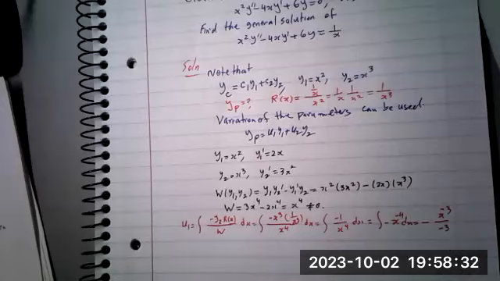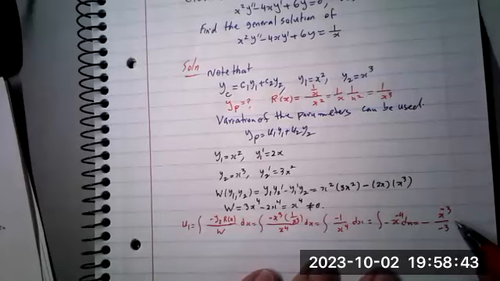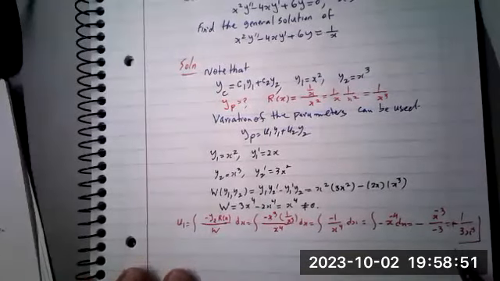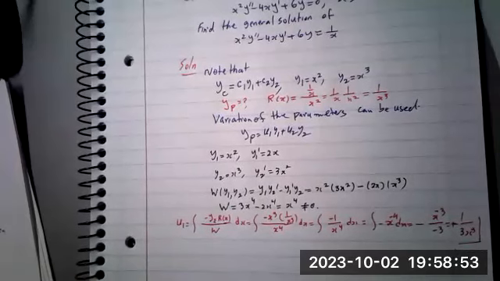Okay, that's fine. So it's going to be positive 1 over 3x cubed. So this is going to be your u1. Any questions?